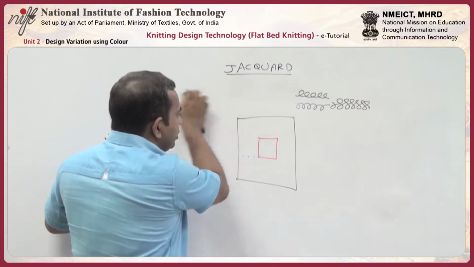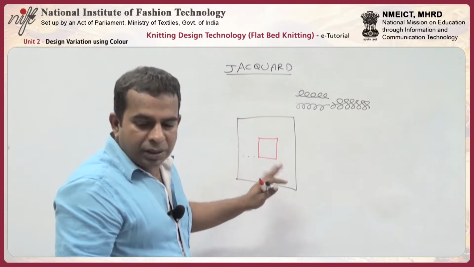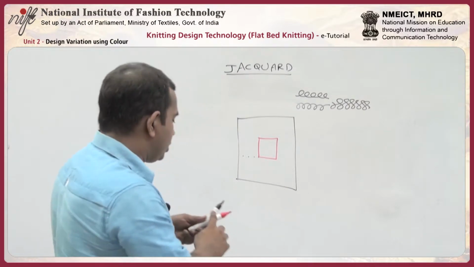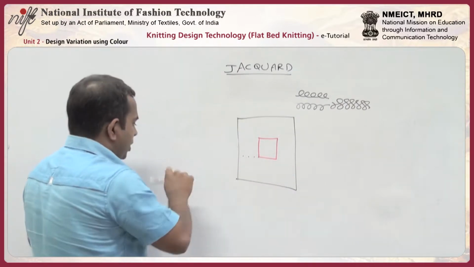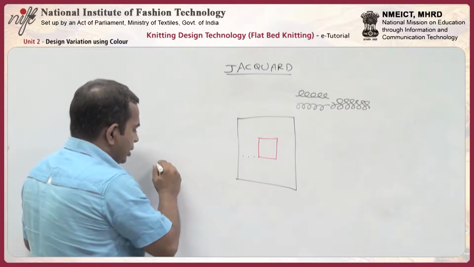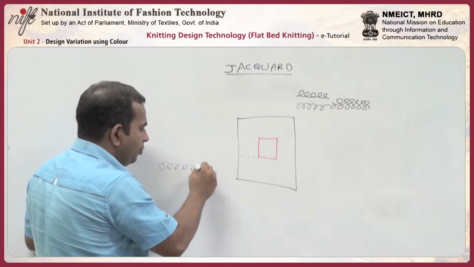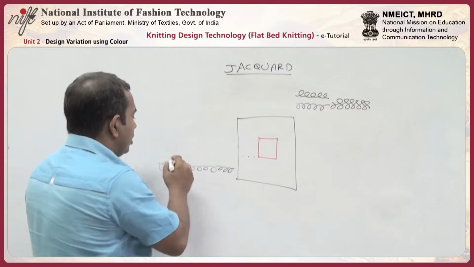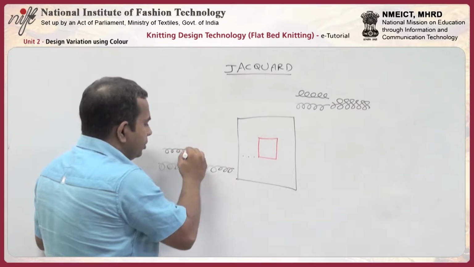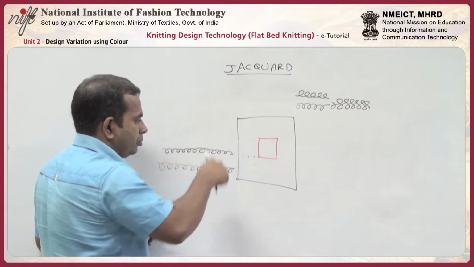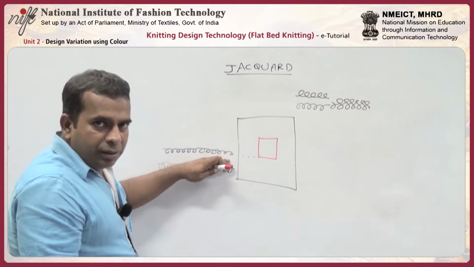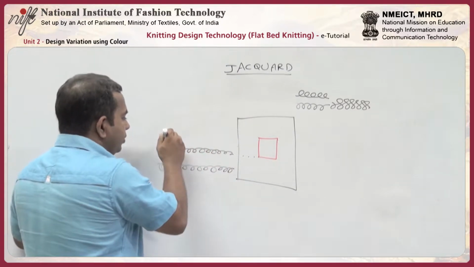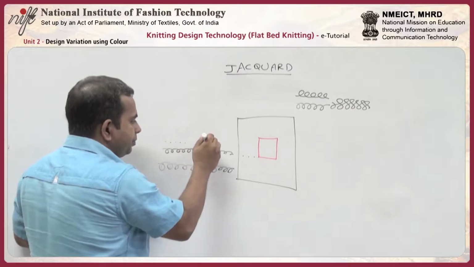Now to produce single jersey jacquard with the same design, what we need to do is, in this area it is exactly the same. We need to knit with black color up to this. After that, we are going to select a few needles from the front.